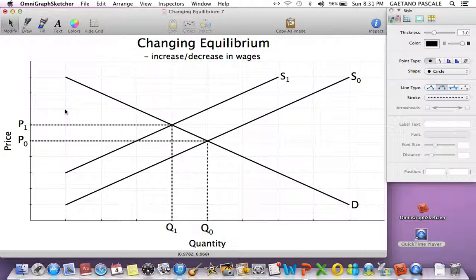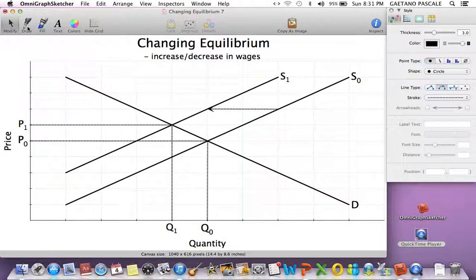So what do we end up seeing? Because of an increase in wages, the supply curve shifts to the left. Let me draw a little arrow in so you can see that. So the supply curve shifts to the left, and our new equilibrium price and quantity, we highlight these and group these together. That gives us the new equilibrium price and quantity.